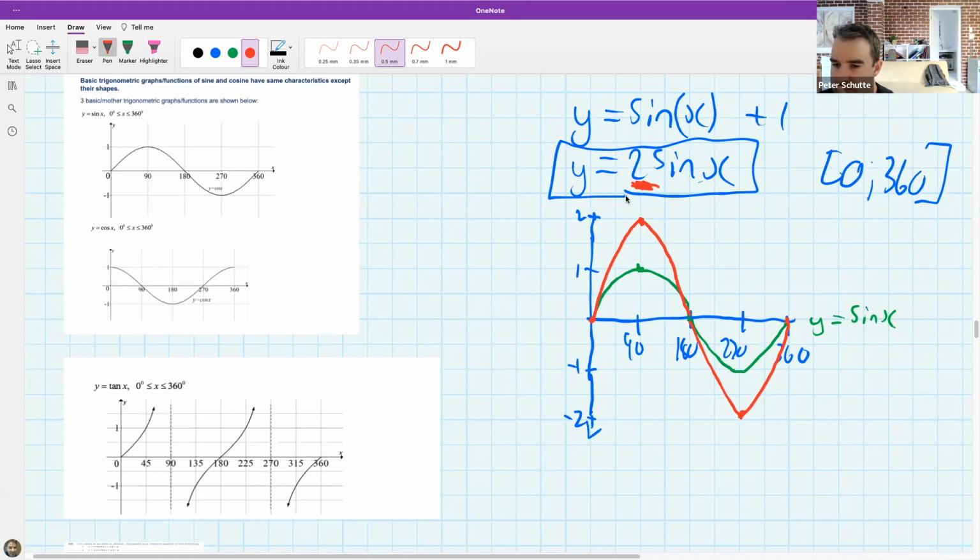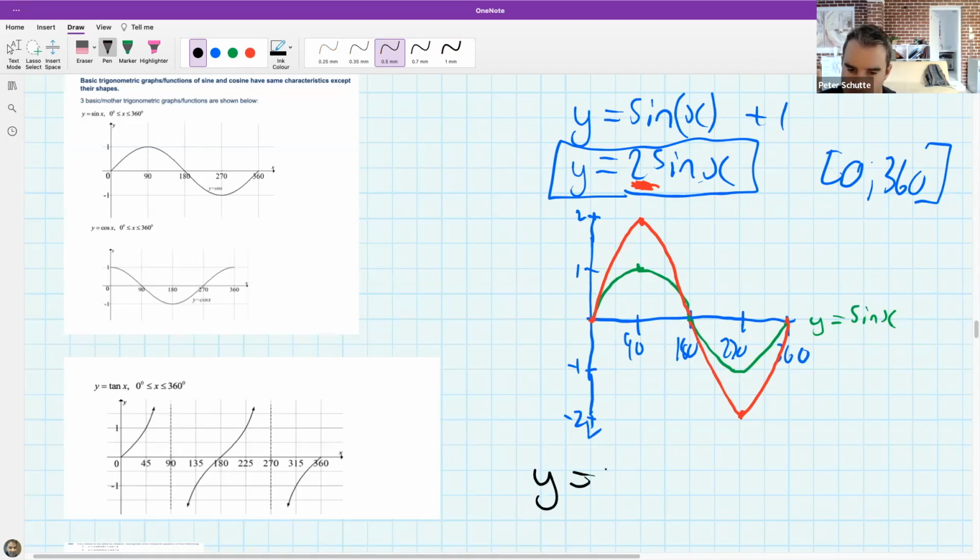Okay. All right. Let's say I now combine this with another type of graph. I want to now draw the graph of y equals 2 sine x minus 1.